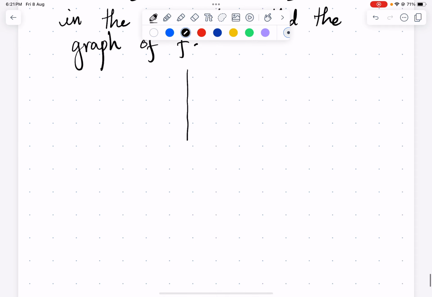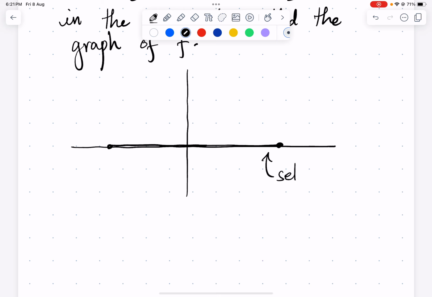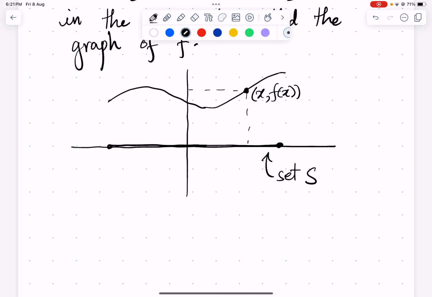So here is some set S, and you have some set of input output pairs. For example, this is one input output pair, x comma f of x. So this set of input output pairs is called the graph of f.